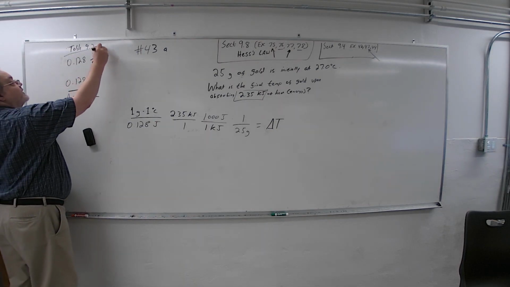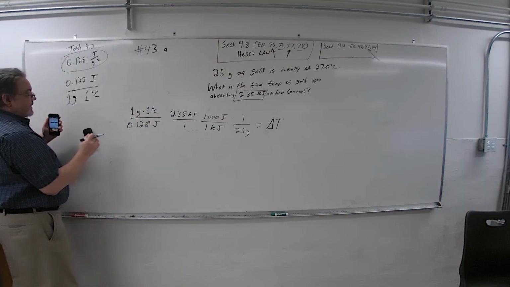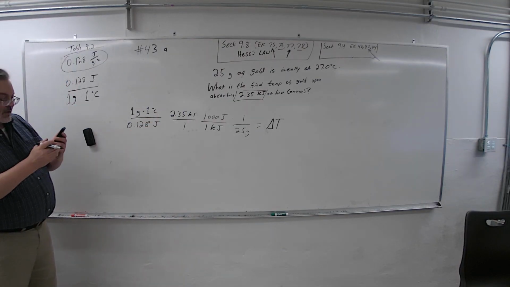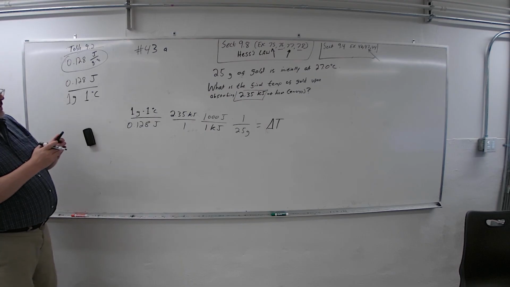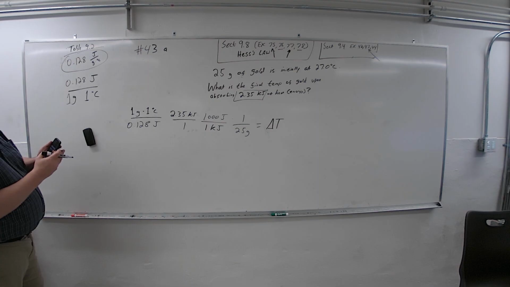If you look at table 9.2, this is actually what it says. So I needed 0.128 there. This came from the problem. All right, 1 times 1 times 2.35 times 1,000 divided by 0.128 divided by 25.